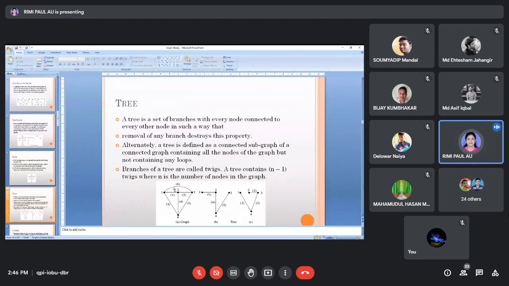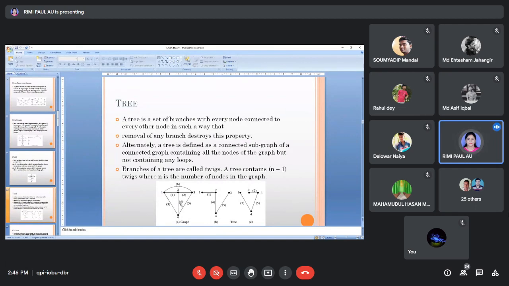So we can get different numbers of trees. If I draw a tree, suppose 1, 3, 4, 2, and there is no loop present. If I take 2, 3 connected, and 2, 3, 4 all connected, so it will make a loop.